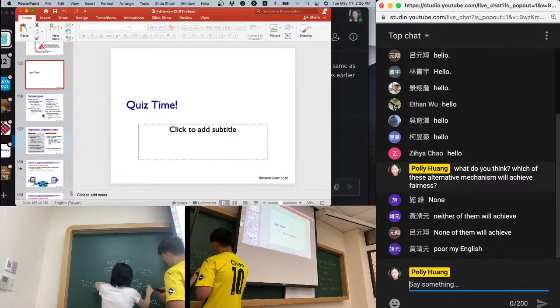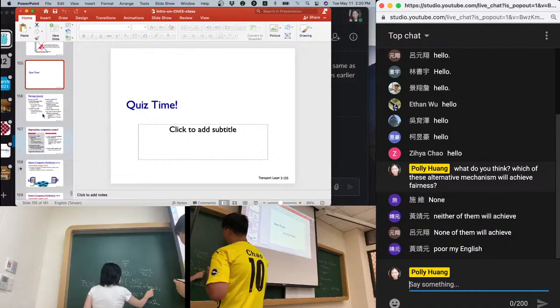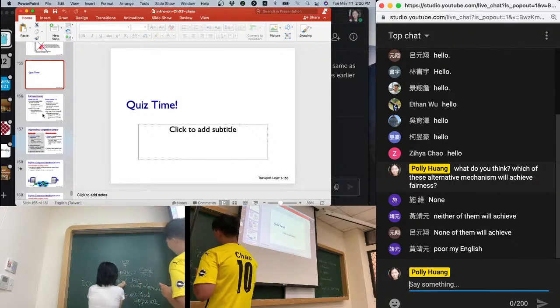So this is the number of ACKs in one round trip time, and for each ACK, we increment by MSS.